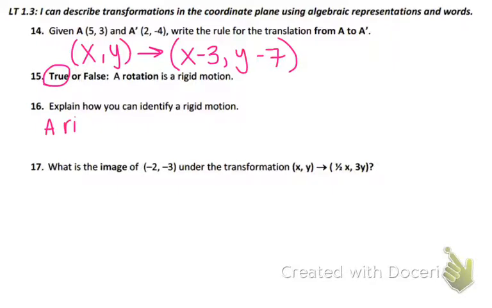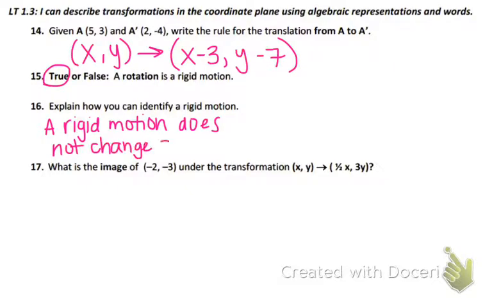So a rigid motion does not change the size or shape of the original image, of the pre-image, I should say.